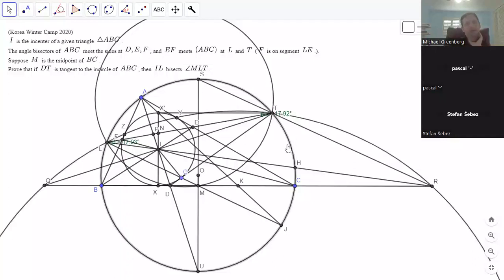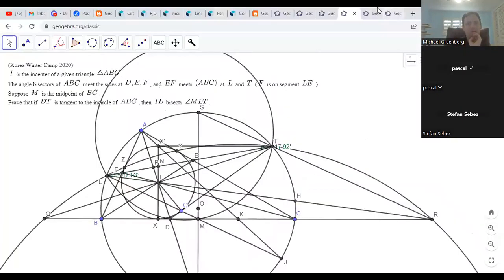I think, so yeah, even if we show this is cyclic, there would still be some work to show that this is tangent. So I don't think it'll be that easy to finish it. I think we made a lot of progress.